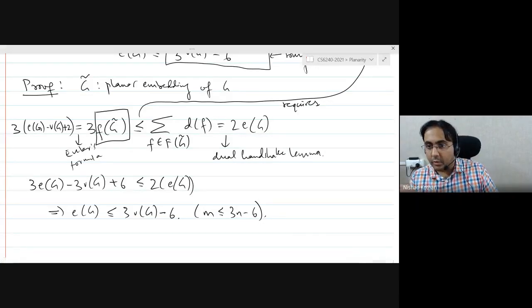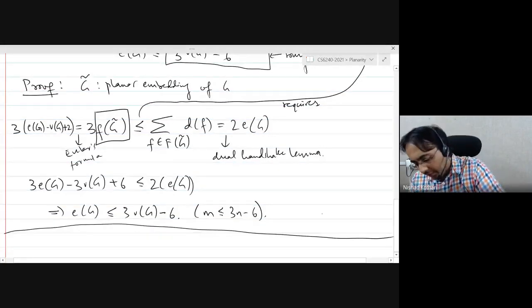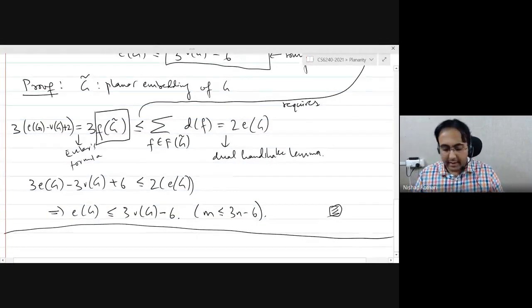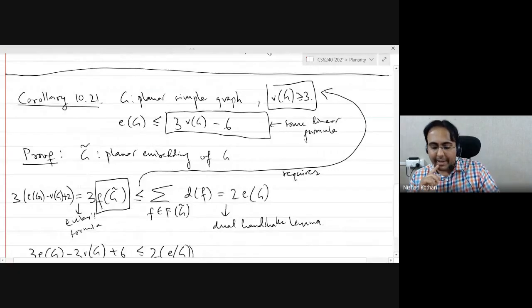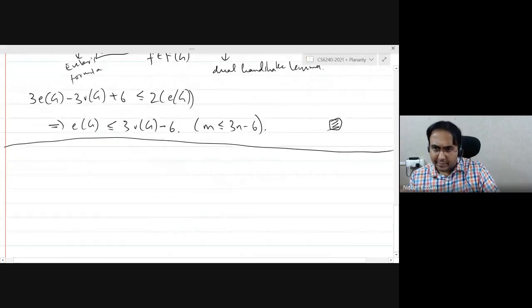The reason this is called the dual handshake lemma is because in the dual graph, this will exactly be the handshake lemma, because the degrees of the faces become degrees of vertices, and we know that the sum of the degrees of vertices is 2 times the number of edges. So what we have here is a linear upper bound on the number of edges in a simple planar graph, in terms of the number of vertices. And this gives you a proof of why K5 is non-planar.